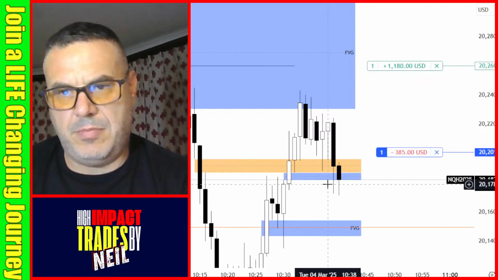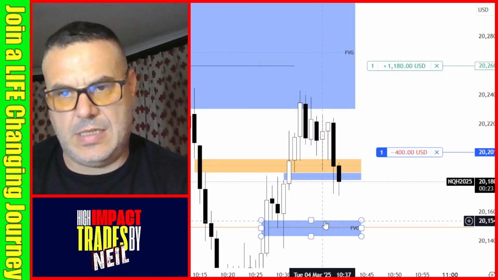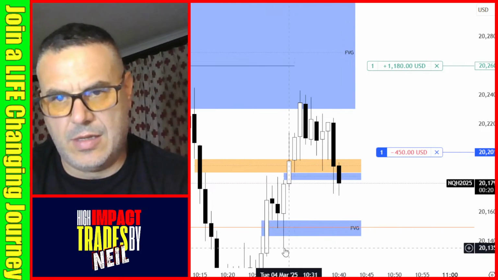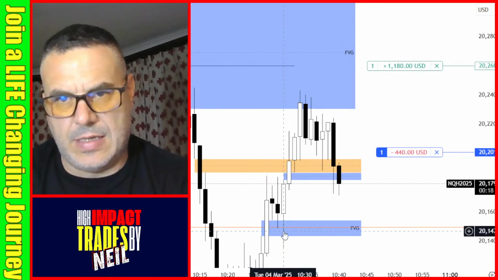Not necessarily price coming all the way down here, because this low here is the line in the sand.